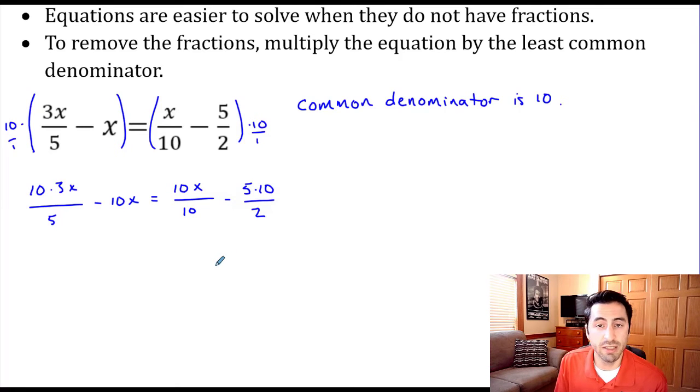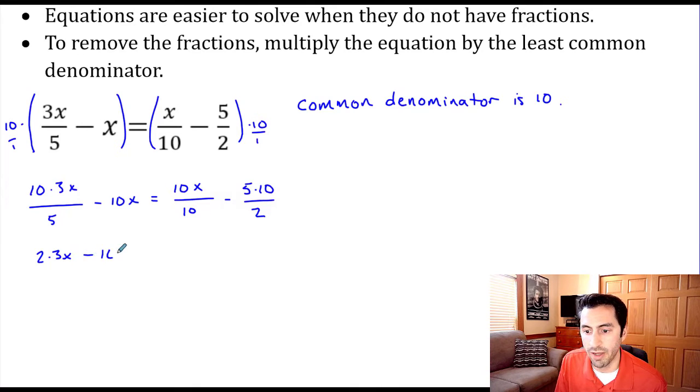Now the reason we picked out the common denominator is because all of these are going to simplify. That means that the denominators are all factors of that 10 that we picked out. So the first one, 10 over 5, that simplifies to 2, and that fraction is gone.